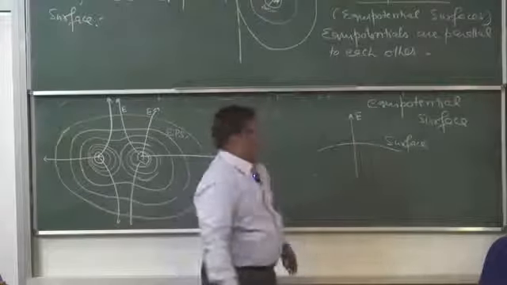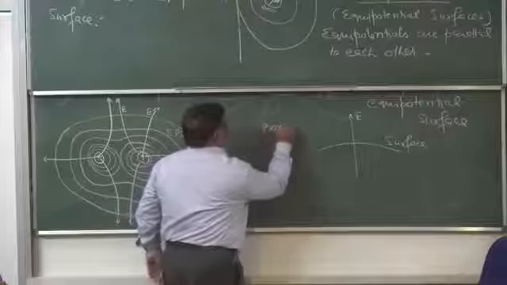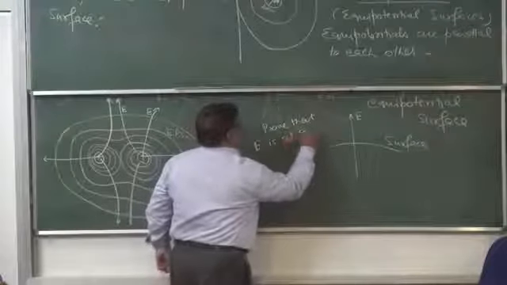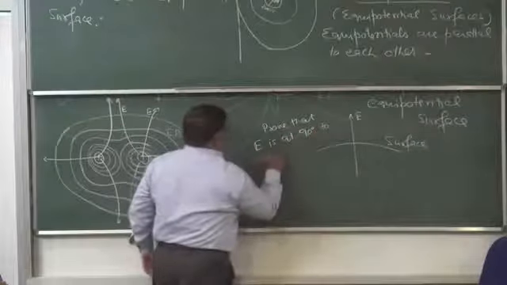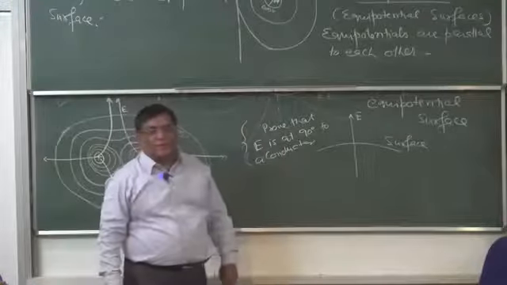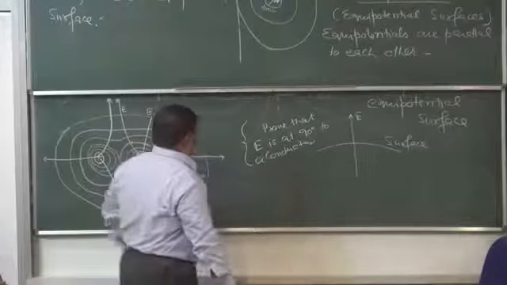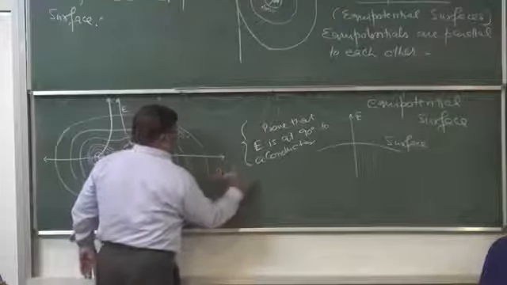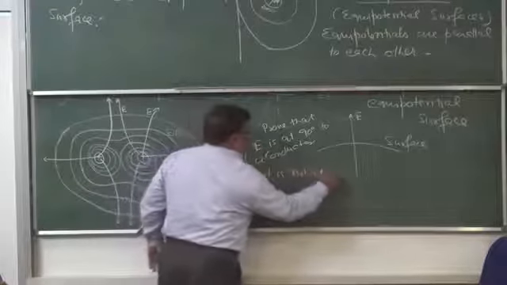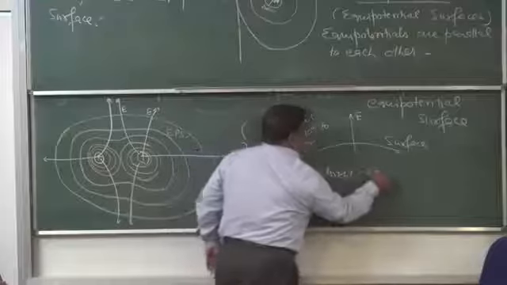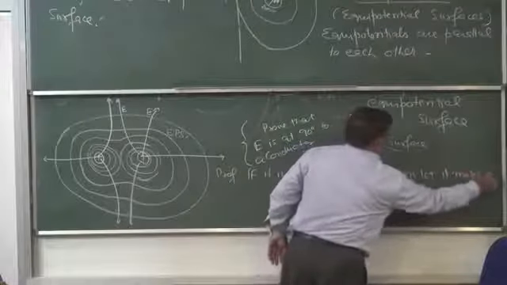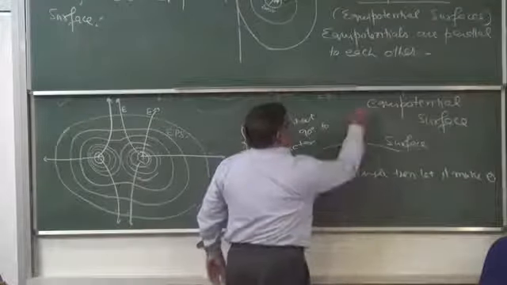Prove that E is at right angle to a conductor. यह इसका एक छोटा सा प्रूफ है. देखिए प्रूफ क्या है. If it is not at right angle, then let it make theta.